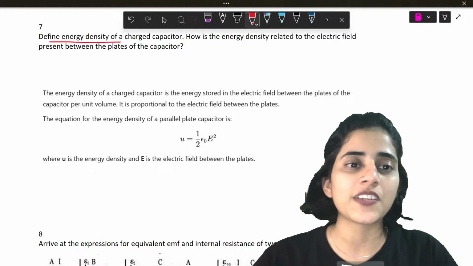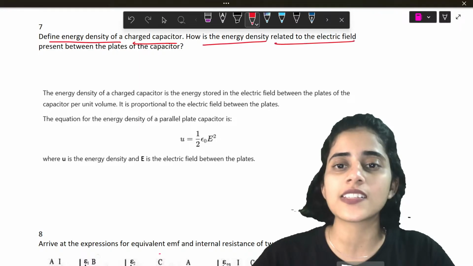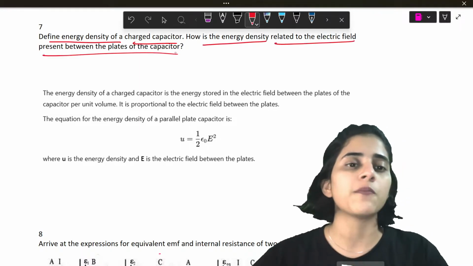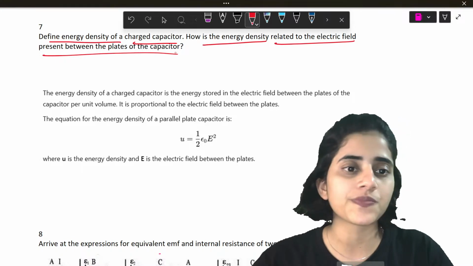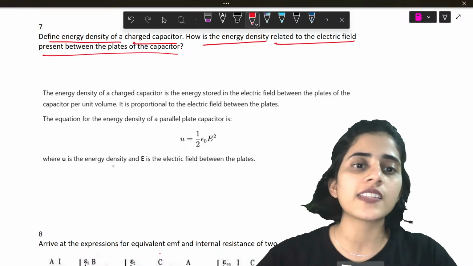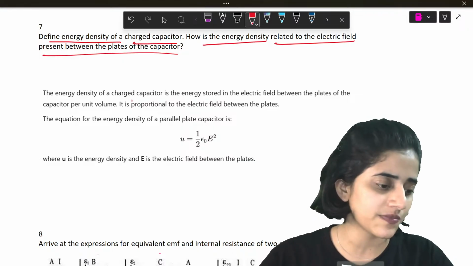Define energy density of a charged capacitor. How is the energy density related to electric field present between plates of the capacitor? So this is just a theoretical question.